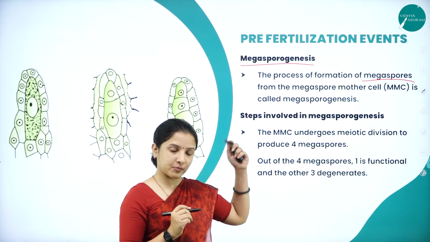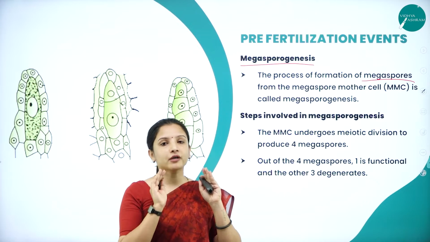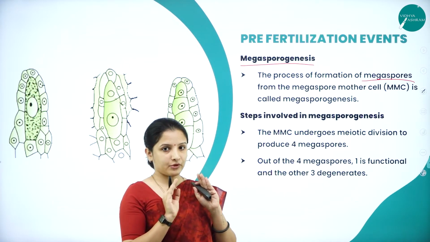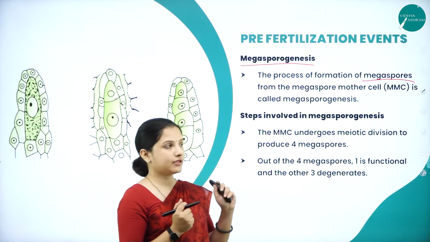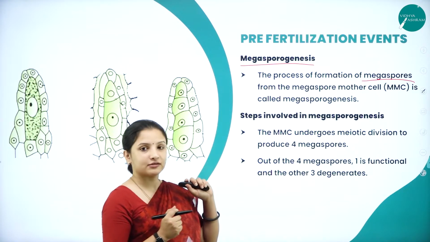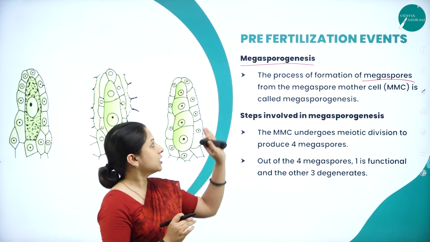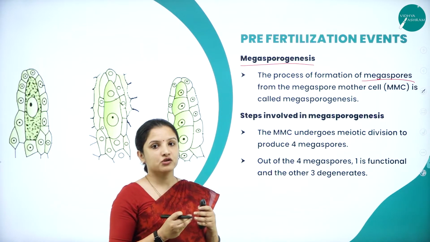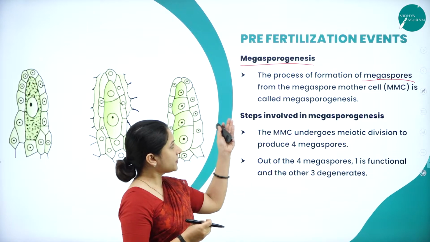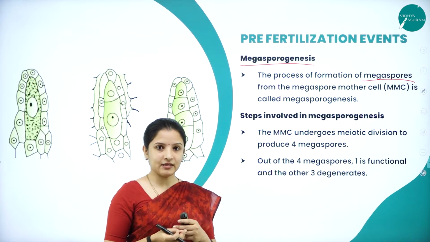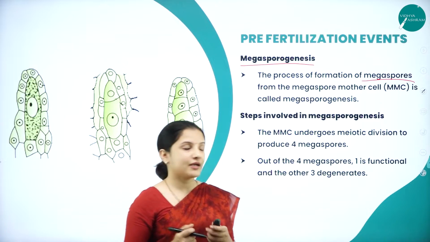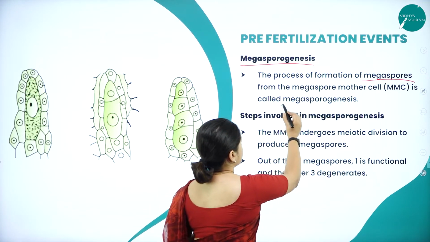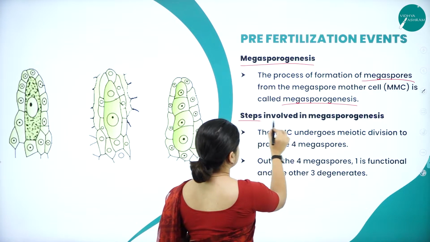But in the case of megasporogenesis, I am talking about the female gametophyte. The process of formation of the megaspores from the megaspore mother cell is called megasporogenesis. We'll study the steps involved.